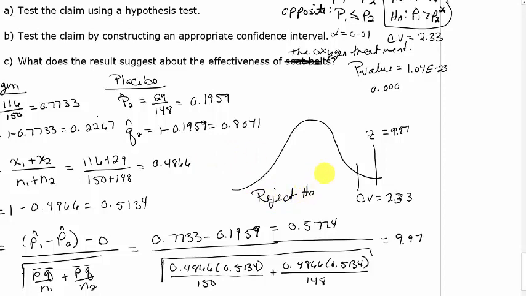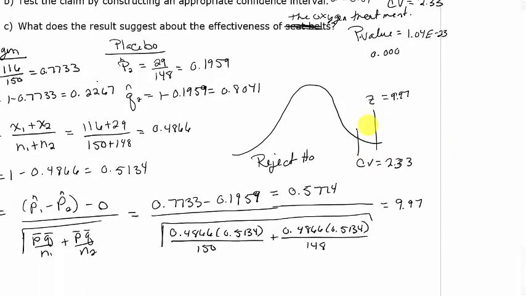If you're going to use the p-value method because you have a graphing calculator, then instead of your critical value, you're going to have alpha, which is 0.01. And here, instead of z, you're going to have your p-value, which is 0. Again, the p-value is less than alpha, so that would tell us to reject our null hypothesis.